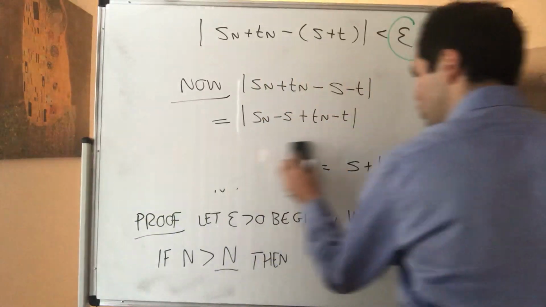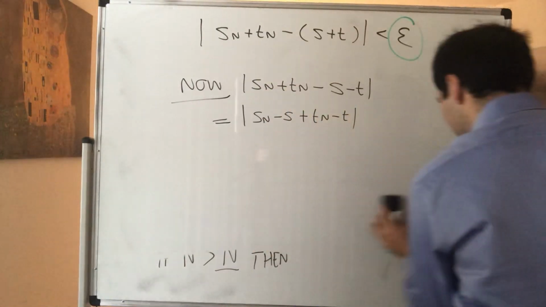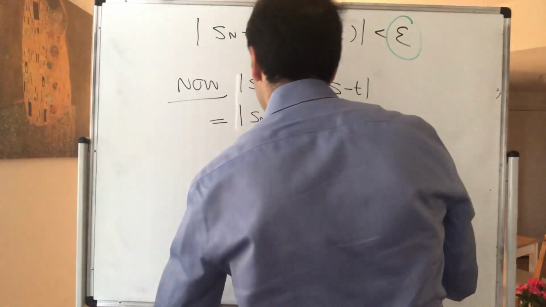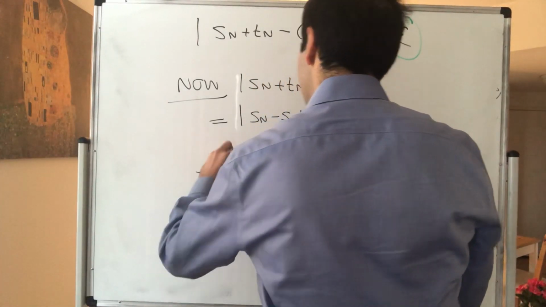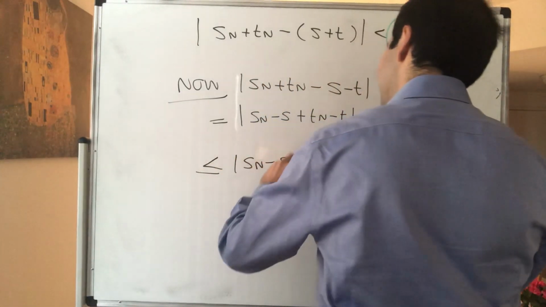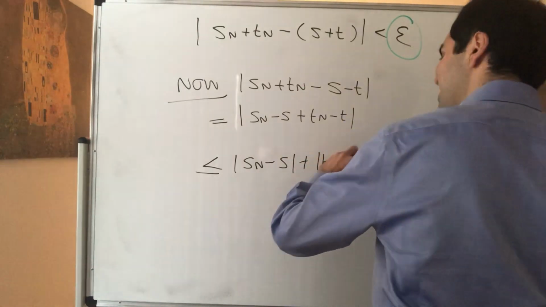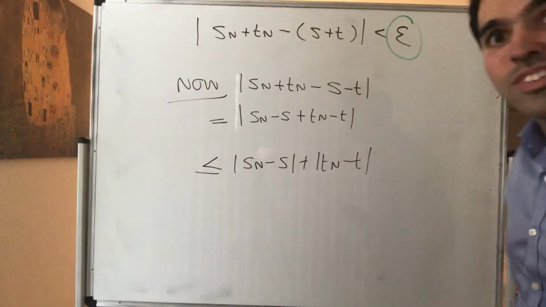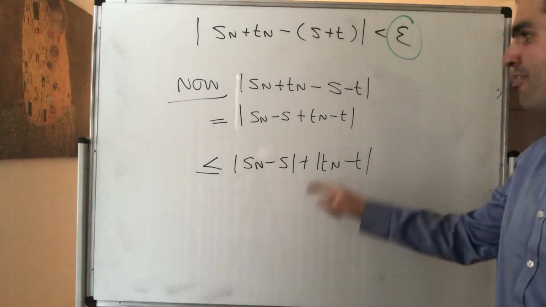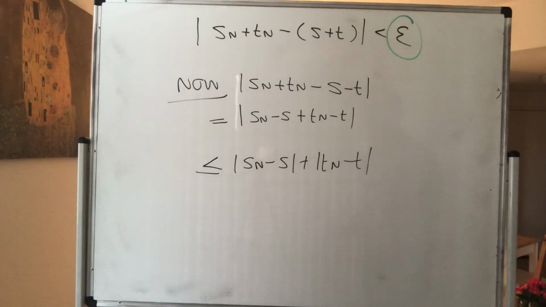And then what we can do, we can use a triangle inequality. Less than or equal to Sn minus S plus Tn minus T. I mean, didn't I tell you that we'll use the triangle inequality very often? This is why we do it.